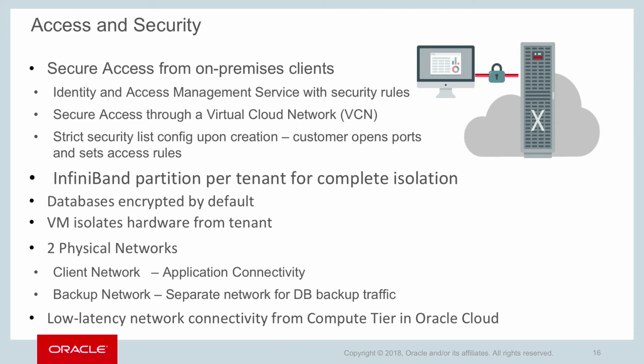Let us now look at the access and security features of the Exadata Cloud Service. Customers can securely access the Exadata Cloud Service from on-premises clients. This ranges from using the Identity Access Management service with security rules to control which user can access or provision Exadata Cloud Service from the console, securely access the Exadata service using a virtual cloud network, and using strict security list configuration upon creation.